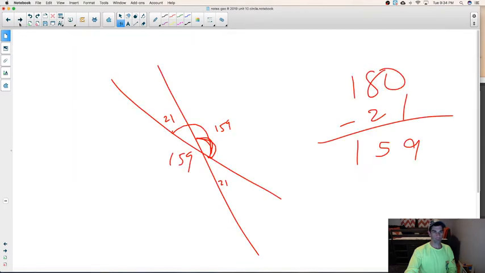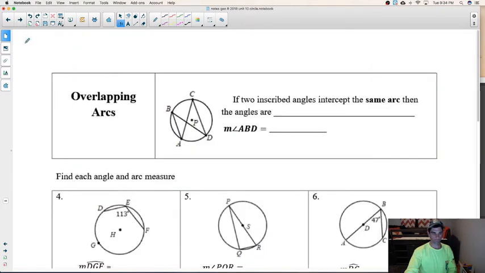So you can either double it or half of it. All right, so now let's put that into here. Here you have kind of overlapping arcs. If two inscribed angles intercept the same arc, then the angles are equal. So perfect example, angle ABD. Let me trace angle ABD. Now ABD, where's his arc?